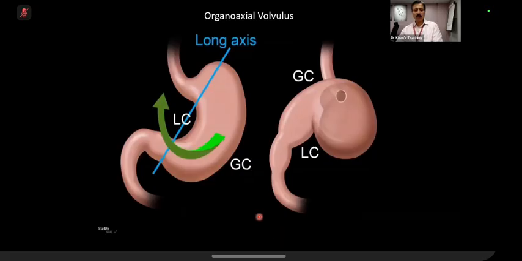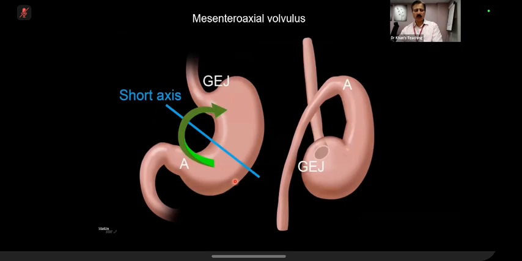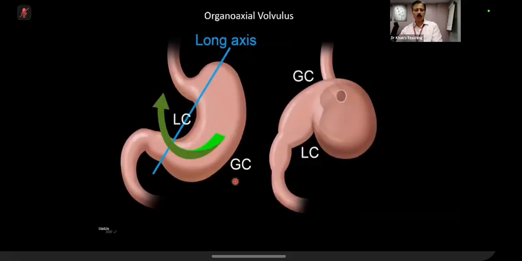The organoaxial is much more common than mesenteroaxial, but both of them usually present asymptomatically. So this is usually seen incidentally, and this is very important to remember. And if the volvulus is more than 180 degrees, then the patient will present with obstruction.